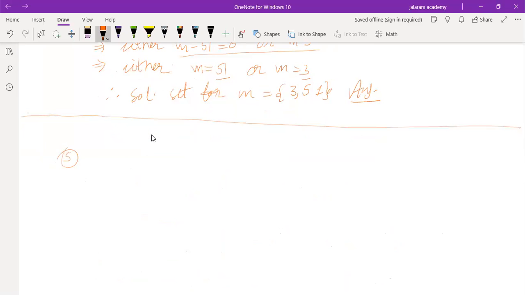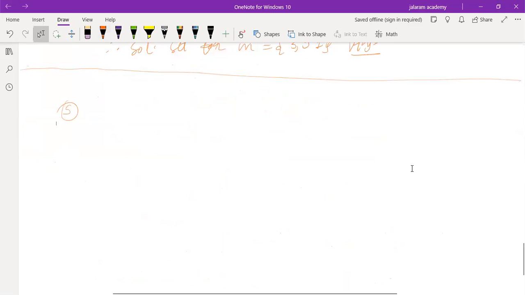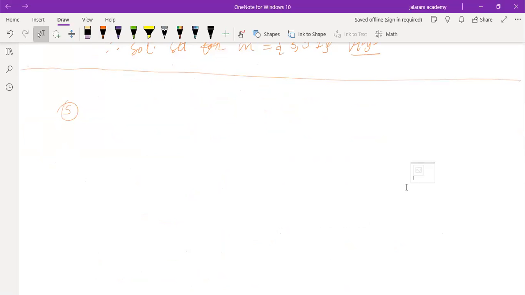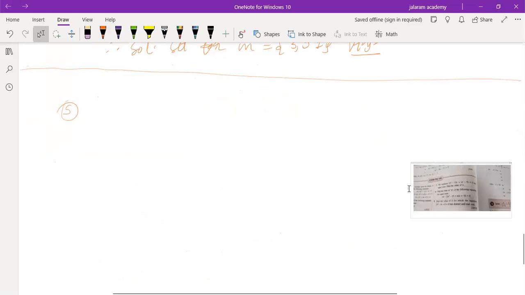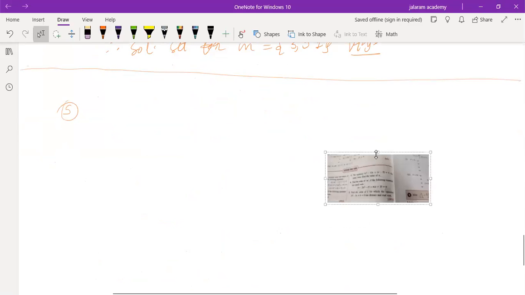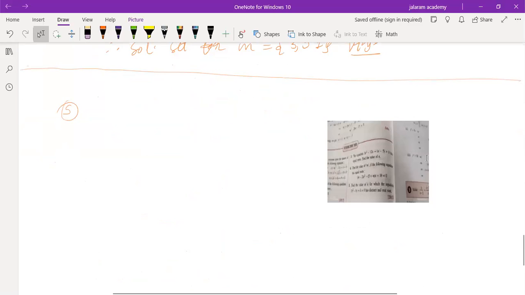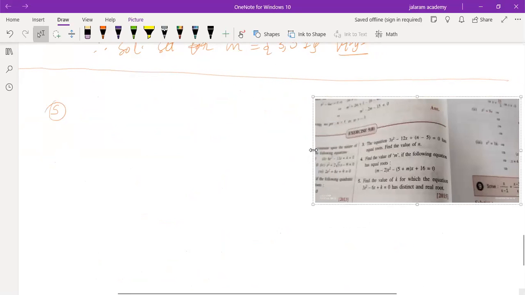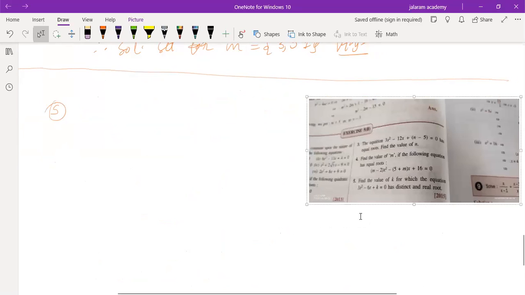Question number 5. Always put the question in front of your vision to solve it correctly. That's why I have copied it here.